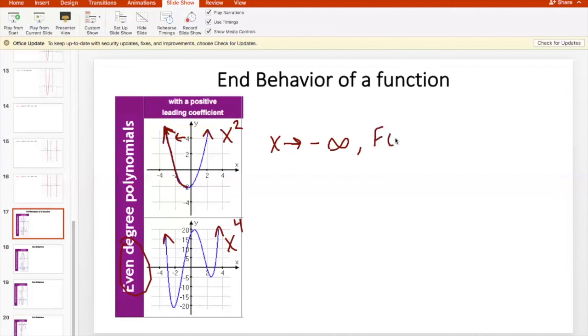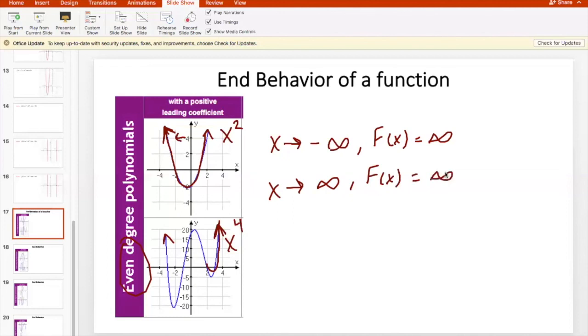So you say the function value or the height approaches positive infinity. Then you can also say as x approaches positive infinity, which means to the right, as you move to the right on either this graph or this graph, you go higher and higher and higher forever, which means that all function values approach positive infinity, okay?